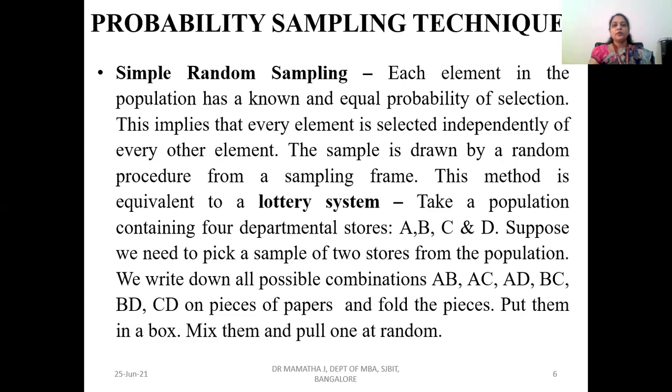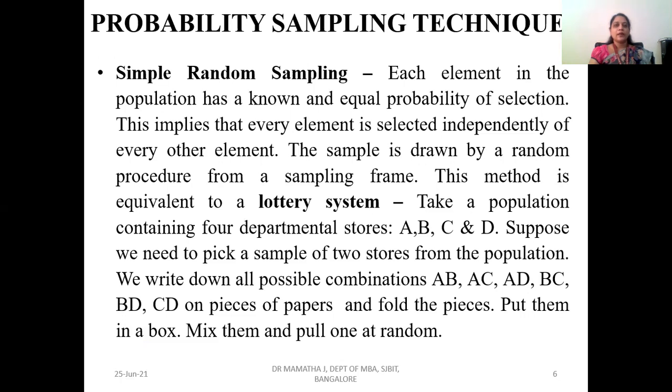What we are doing here is giving all the units in the population an equal chance to be selected as the sample for the study. In the lottery method, we pick the names of the people or the elements who are going to participate in the research, and as we all know how the lottery method works, we make a chit of all of them and handpick randomly the required number of samples from the population.